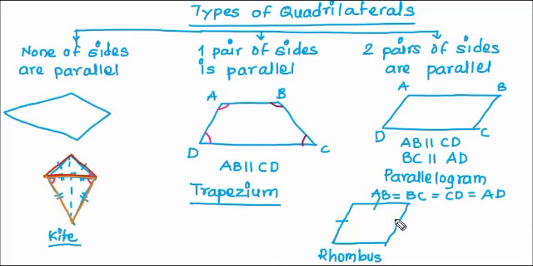In a rhombus, all the sides of a parallelogram are equal. Even the opposite angles are also equal. The same is the case in a parallelogram also. Now, if these angles become 90 degrees, then a parallelogram converts into a rectangle.